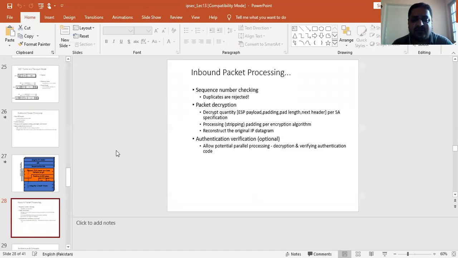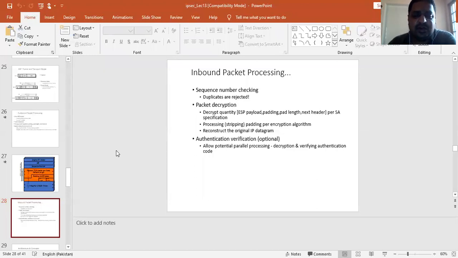In this way, we can define different policies, which are in the list of the database, like the security policy database that is attached with the IP security header, and which contains information about different packets, whether a particular packet can be given access to the system or not.